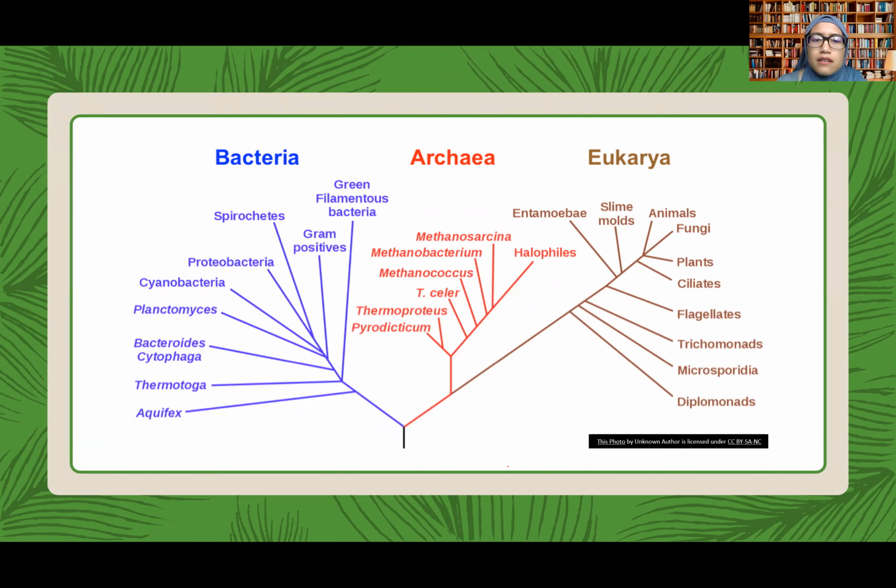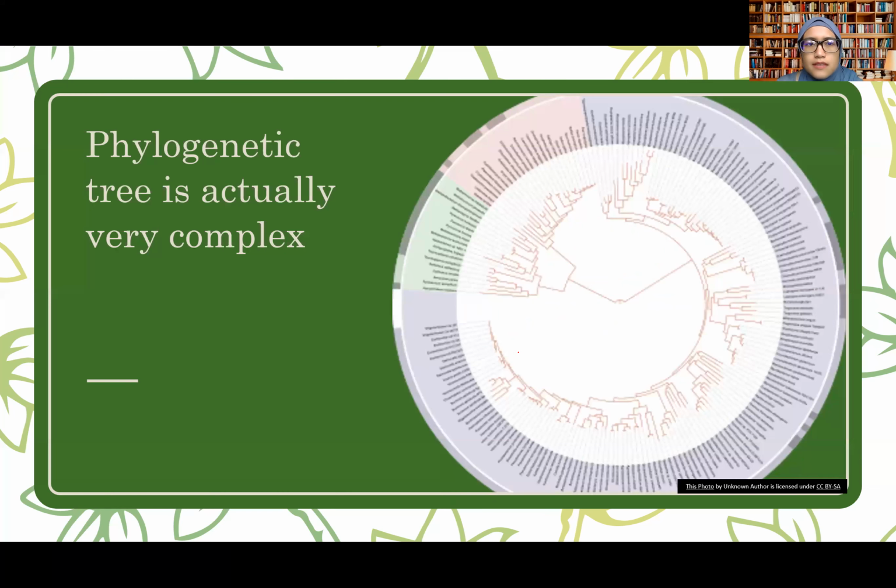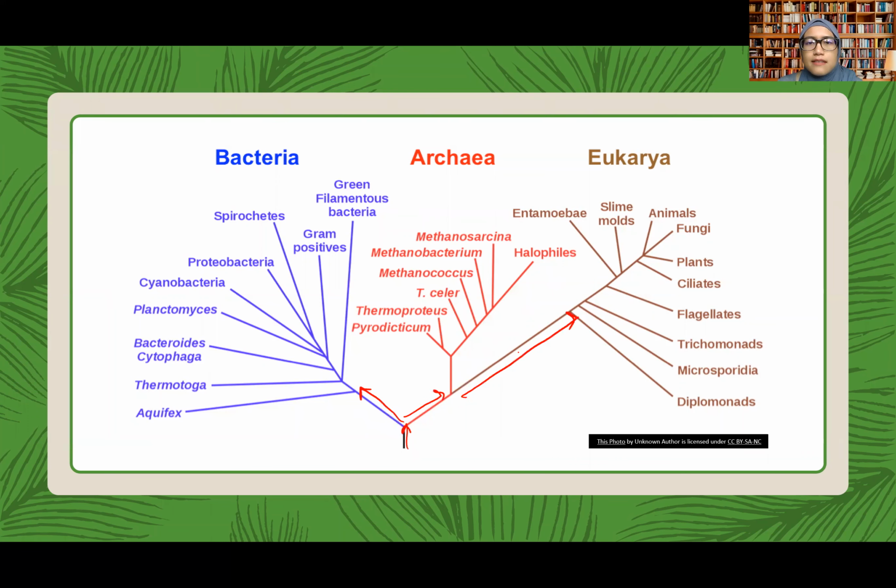The line corresponds to time. If you look here, this one is shorter, this longer, longer, this one even longer. The length of the line corresponds to the length of time it takes for the lineage to separate. This is the basic tree of life, the phylogenetic tree.